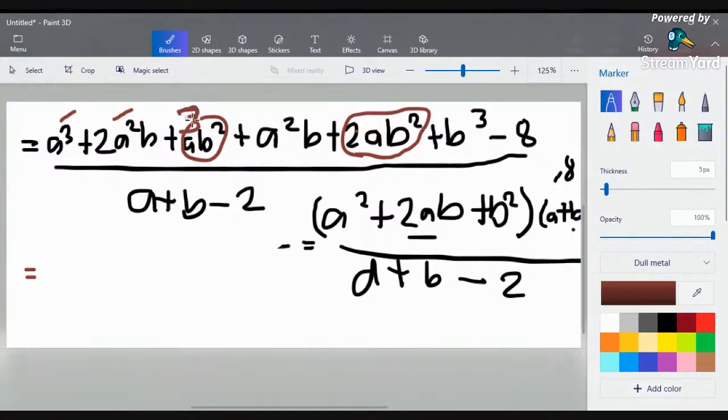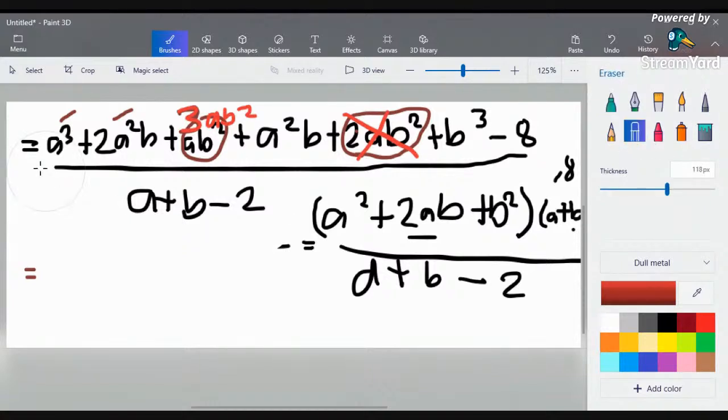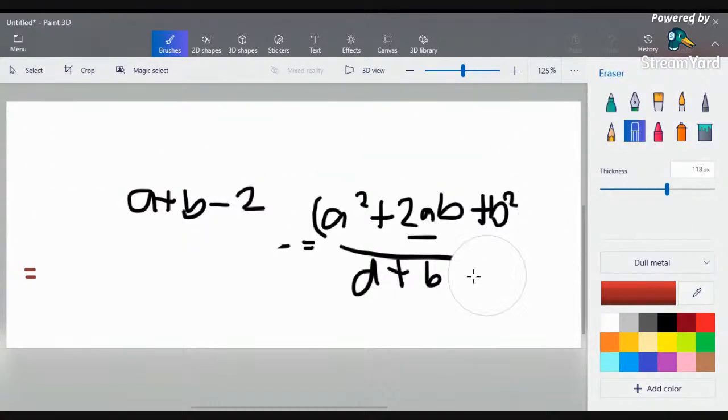That becomes 3ab squared. Then, a squared b, this has no partner, so combine it with the 3, plus b cubed minus 8. And the denominator will be a plus b minus 2. That will be the answer for number 4. And let's continue to number 5.